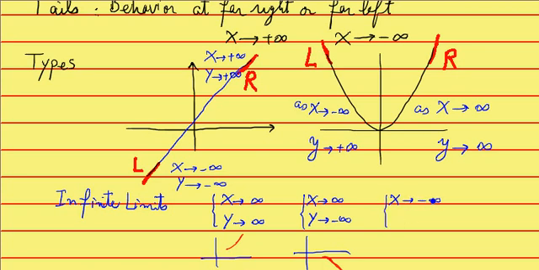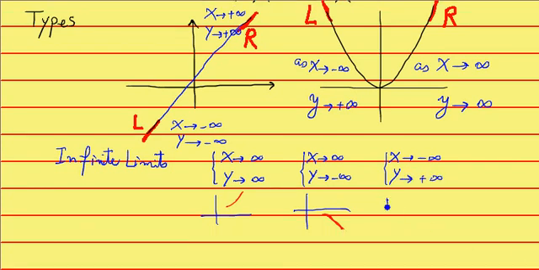If x goes to minus infinity and y goes to plus infinity, which quadrant are we going to be in now? Remember, x going to minus infinity means going to the left, y going to plus infinity means we are going up. So here's a description of the left tail of the function.